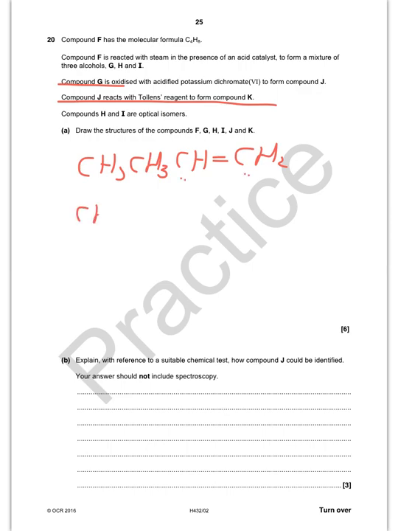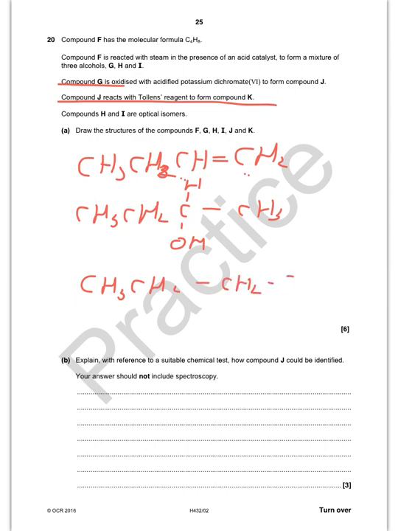That will give you CH3, oh sorry, that should be CH2, CH2, CHOH, like so, CH3. And then you've also got CH3, CH2, CH2, CH2OH, like so.